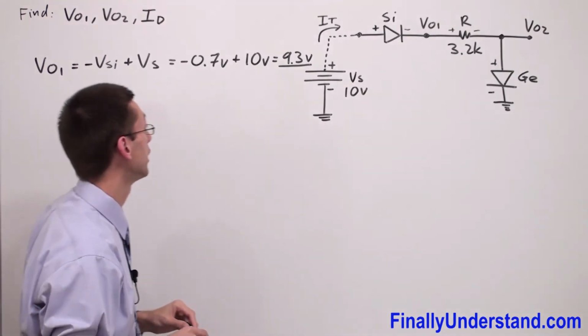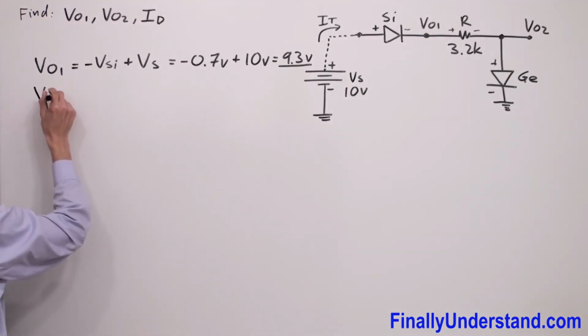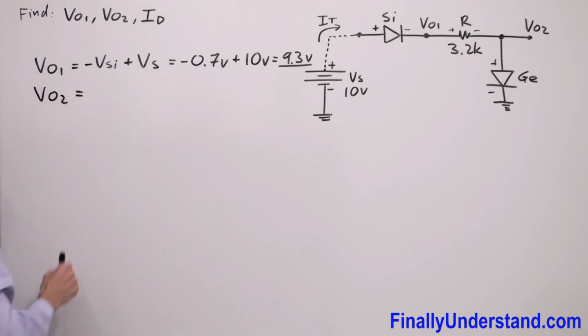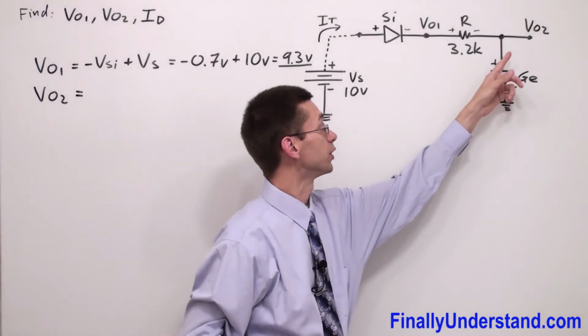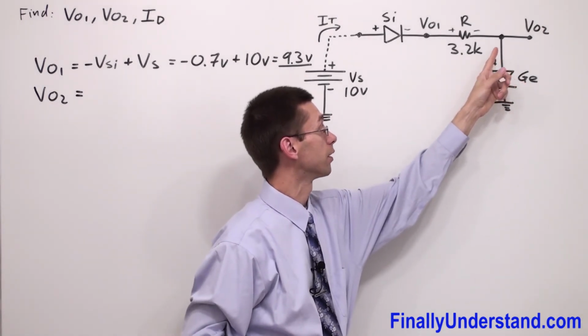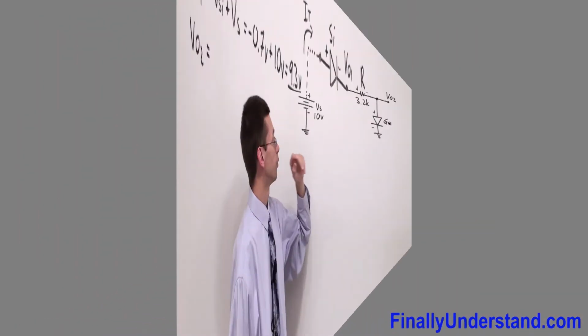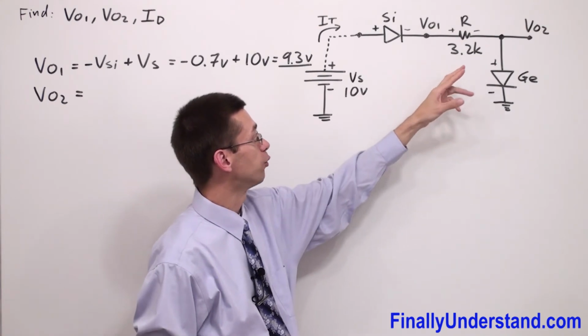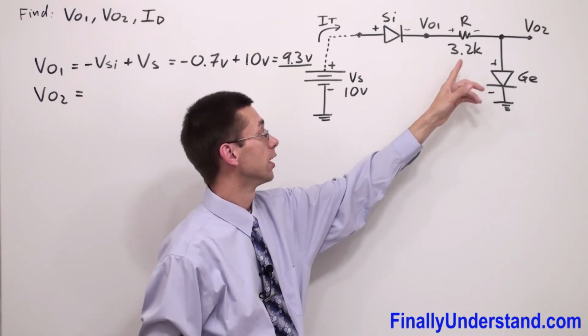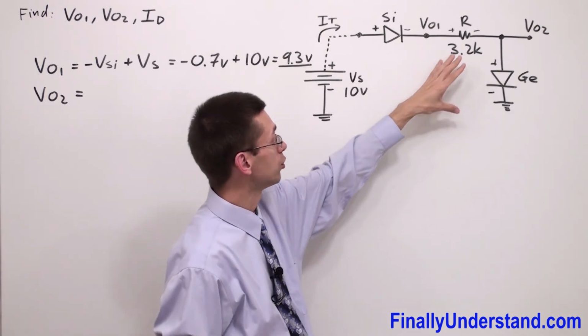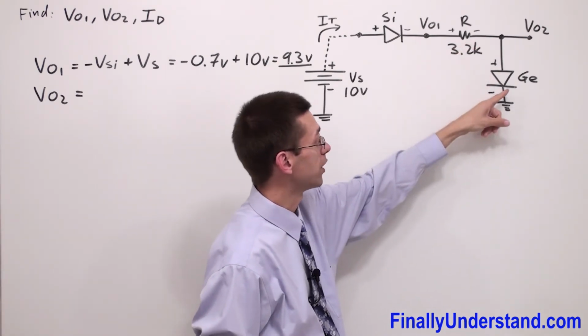If you want to find Vout2, Vout2 is nothing else, just the voltage between terminal Vout2 and ground. Please notice that the output voltage 2, the second output voltage, is going to be taken across the germanium diode.